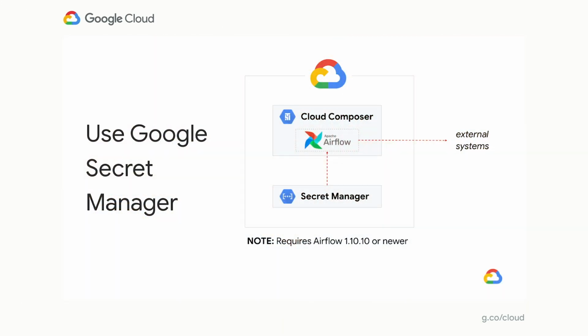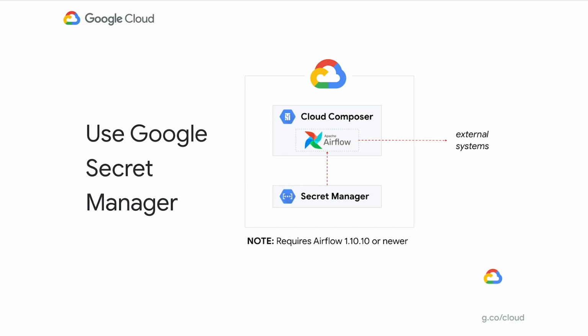Another feature that might be worth considering is integration with Google Secret Manager as a way to manage secrets for your DAGs. It is very frequently the case that when managing integrations from Airflow DAGs to other systems, you need to use some keys or some passwords to connect to those external systems. And the question is, how do you best manage those secrets and keys while doing so?